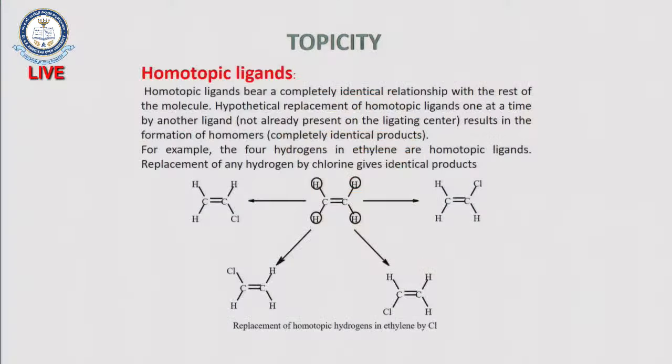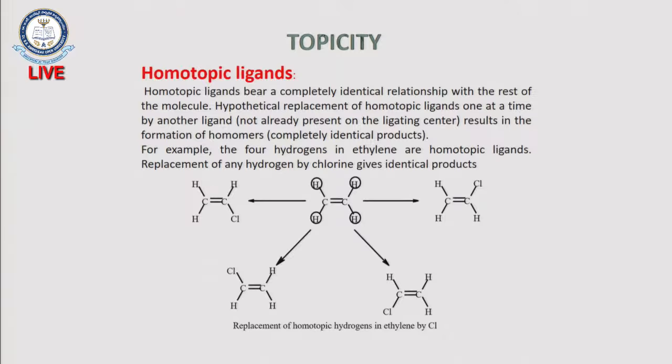So this kind of nature will be explained on these homotopic faces. Here first we will go with the homotopic ligands, and to see the relationship between the atoms, whether these are homotopic or heterotopic, we will apply two criteria here. One is the substitution criteria and another is the symmetry criteria.